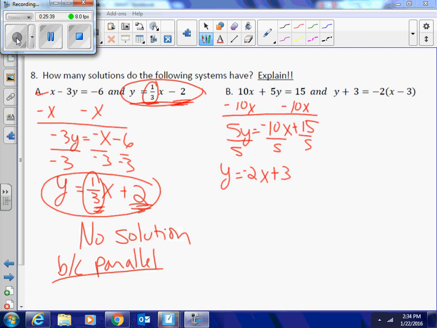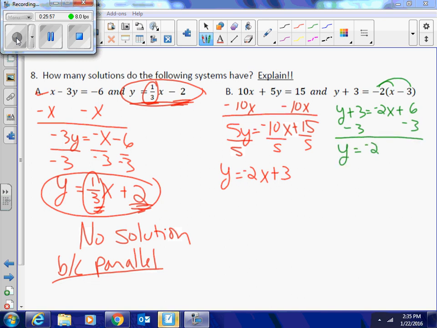Now the second equation is in point-slope form. I hope you recognize it. We can distribute the negative 2. So y plus 3 equals negative 2x plus 6. Subtract 3 from both sides, and y is equal to negative 2x plus 3.